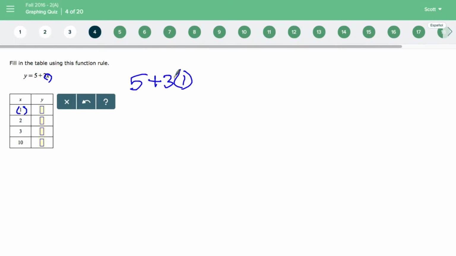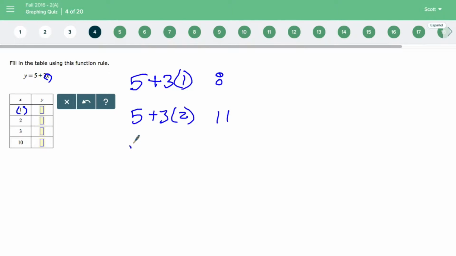So what is 3 times 1? That's 3. What's 3 plus 5? That's 8. Okay, now we got 5 plus 3 times 2. And always do the multiplication first. 3 times 2 is 6.